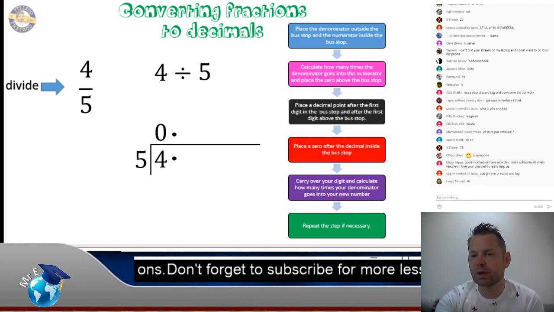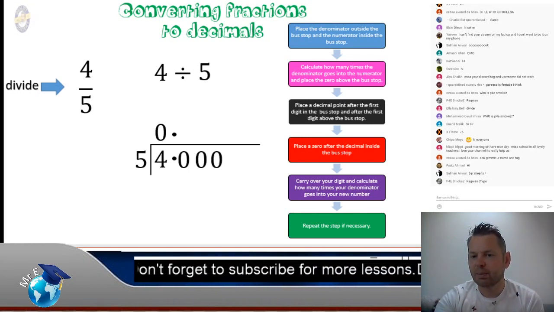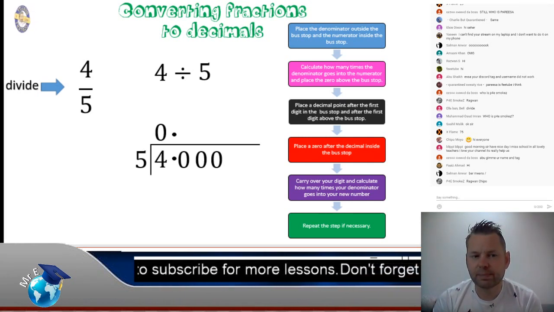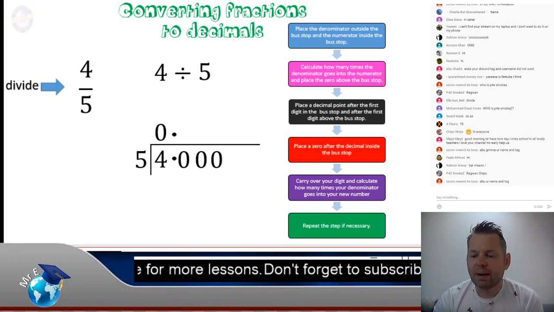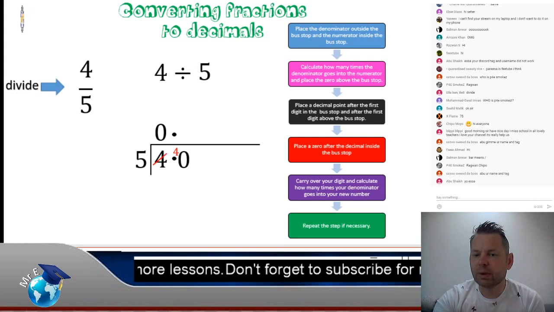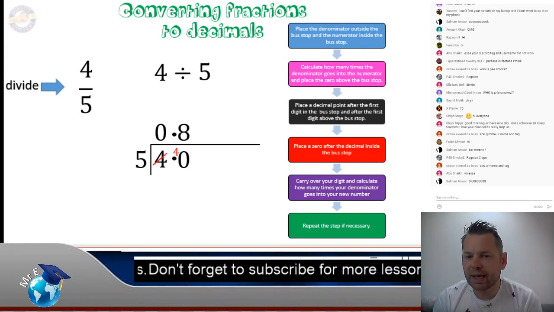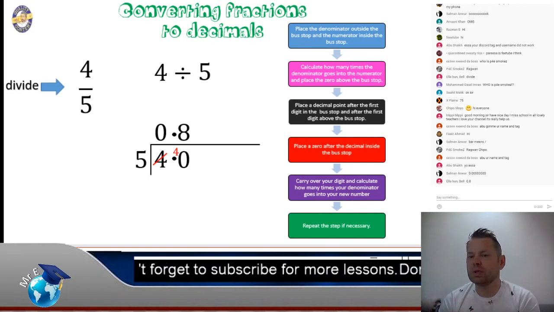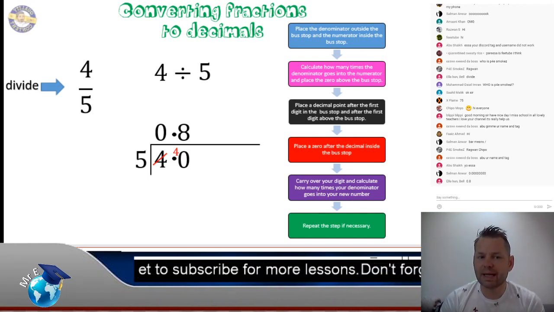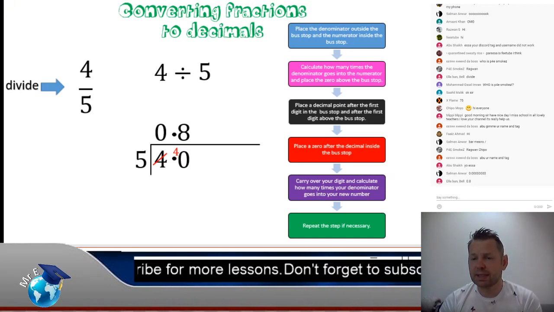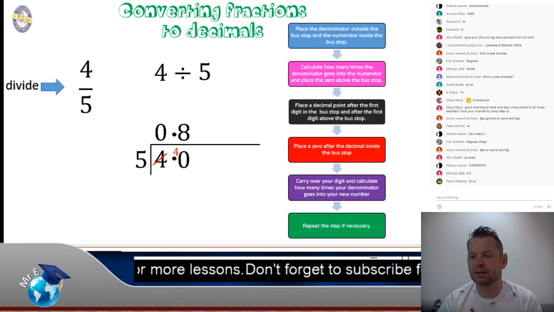The only difference was we put decimal points in and we put our imaginary zeros in that we needed. Then we went through it just as normal and we worked out that 4/5 equals 0.8. So this is something you did on Tuesday and then we recapped it on Wednesday, and now we're just recapping it quickly on Thursday to help you with today's lesson.